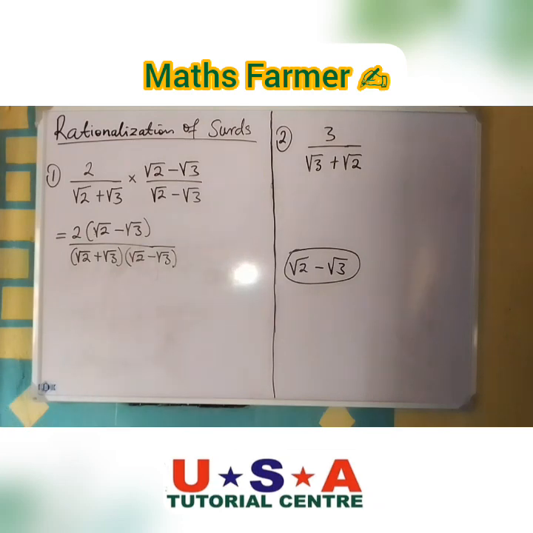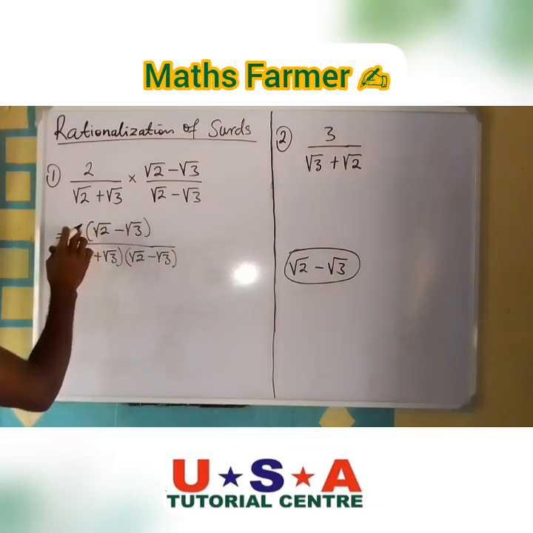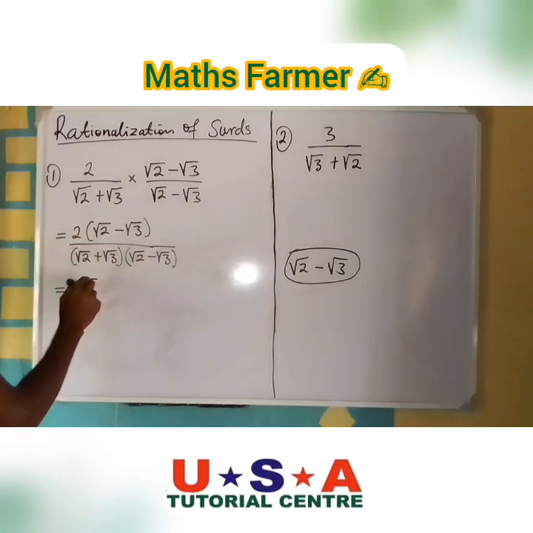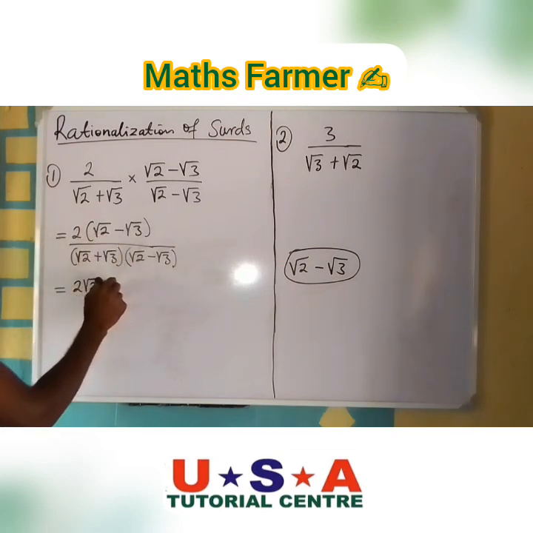Now we expand the bracket in the numerator: 2 times root 2 is 2 root 2, and 2 times root 3 is minus 2 root 3.